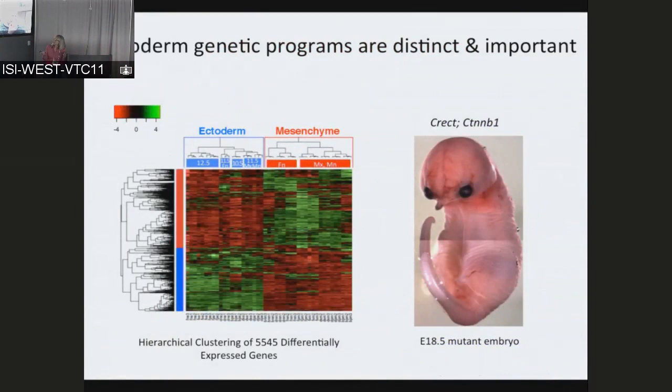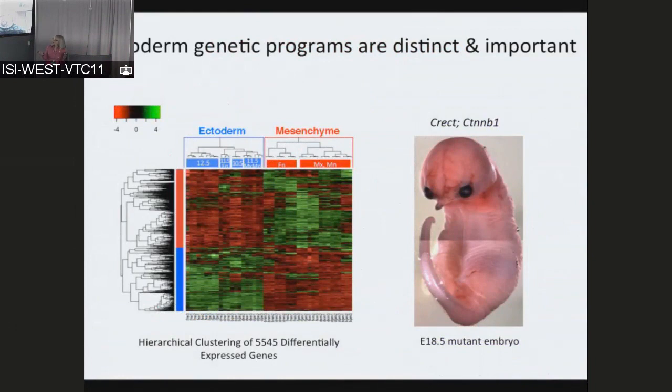But it turns out that the ectoderm is a really extraordinarily different tissue with a completely different genetic program, and that the events that happen in the ectoderm and the communication between these two tissues is absolutely critical for correct facial patterning. Just an example over here on the right is some microarray data that we had earlier on, showing that the ectoderm and mesenchyme gene expression programs are just dramatically different.